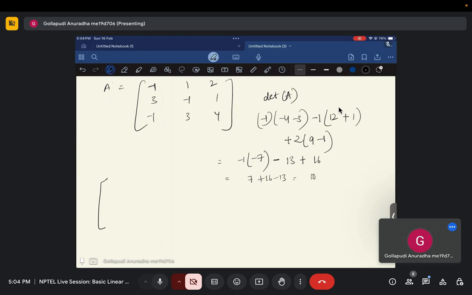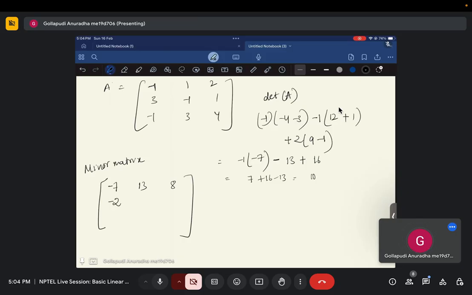So for 1, the minor matrix will be 7, right? Minus 7, and then for this one it is 12 minus 13, and then for this it will be like 8, and this is the minor matrix. So it will be like 4.